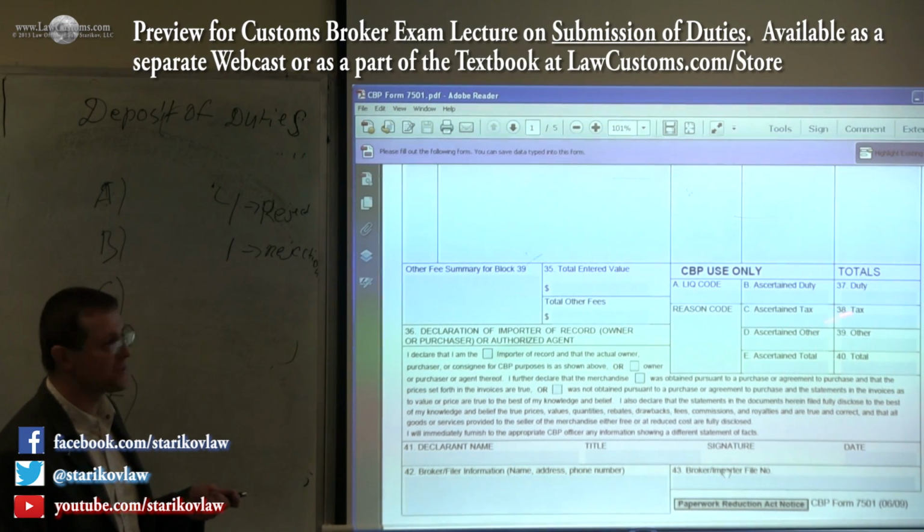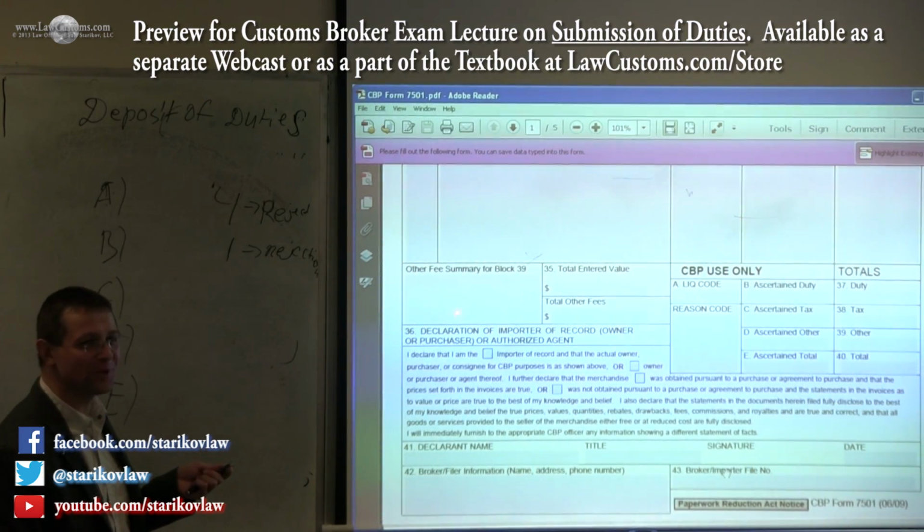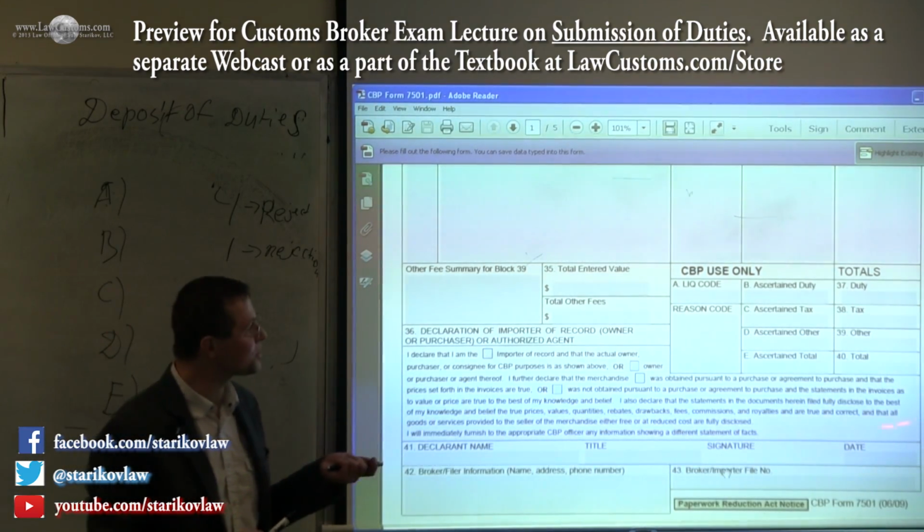Block 39, not filled out. Block 39 is a fee summary. So if you have to pay merchandise processing fee, if you have to pay harbor maintenance fee, and you decided not to pay it, then customs is likely to say, you know what, you haven't done your homework.